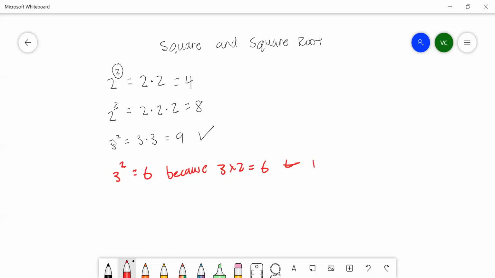But this is wrong. 3 times 2 is 6, but 3 to the power of 2, or 3 squared, is 3 times 3, and that makes 9. So you don't want to do this.